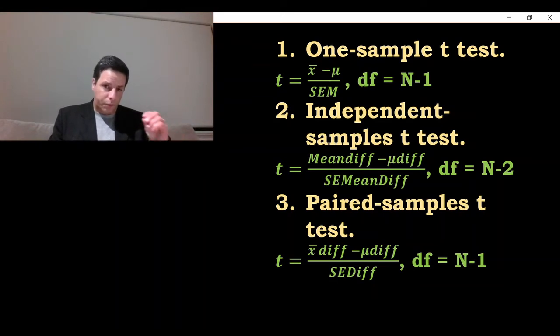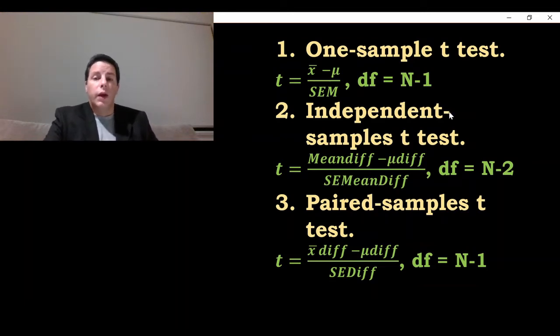So what we want to compare is the difference between the means we obtain in our sample and a hypothetical population in which there are no differences.